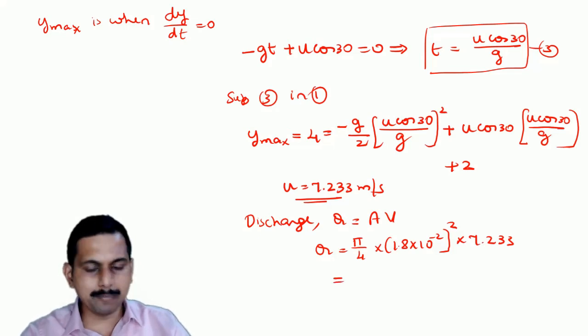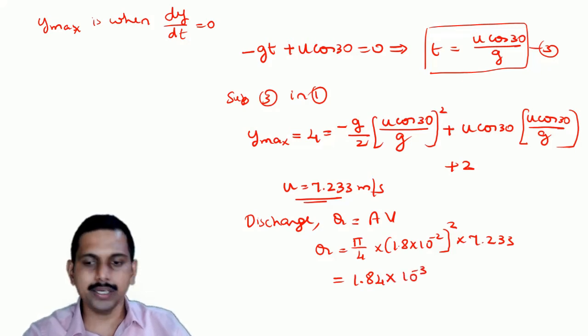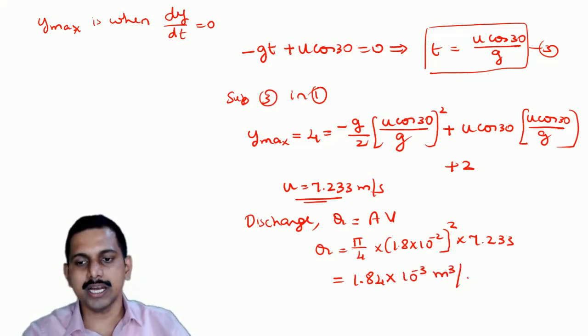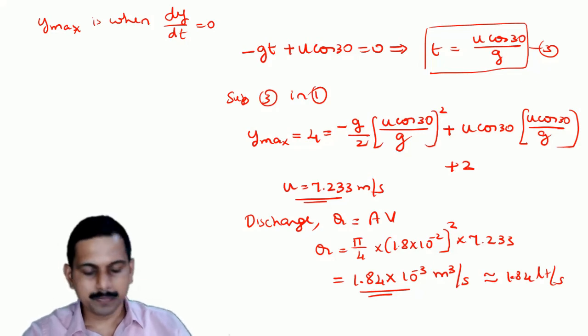So the Q I am getting, I may be wrong, I do simple silly mistakes sometimes, but this is the answer I am getting: 1.84 into 10 power minus 3 meter cube per second, or almost 1.84 liters per second. Correct? Done.